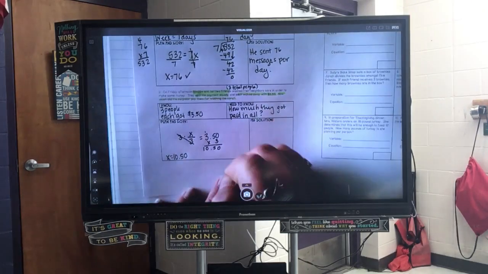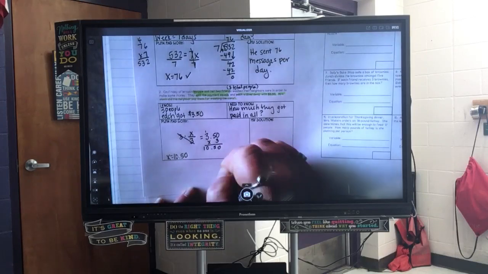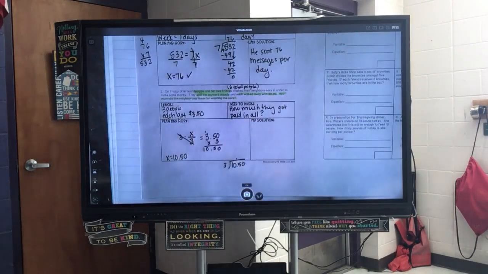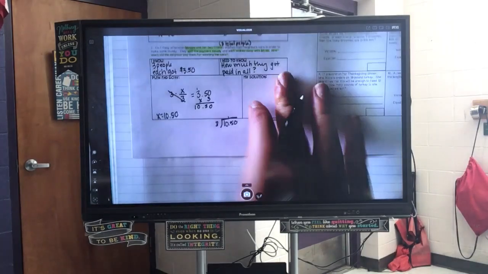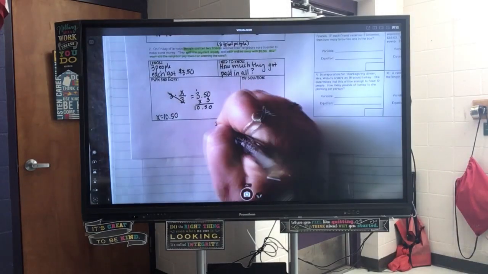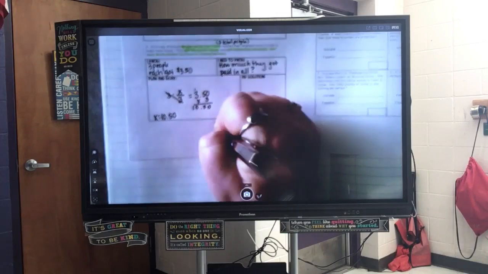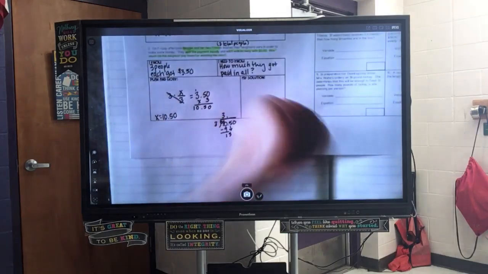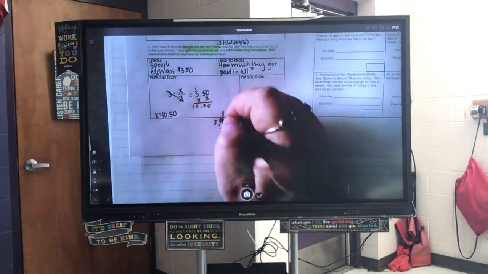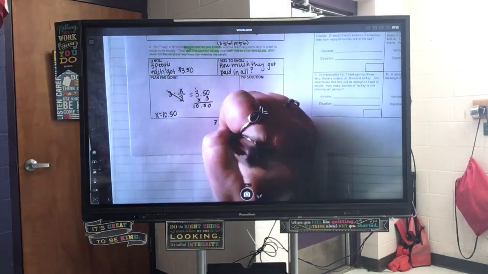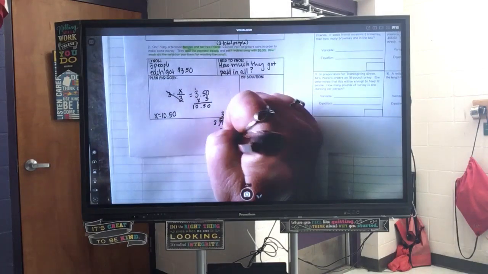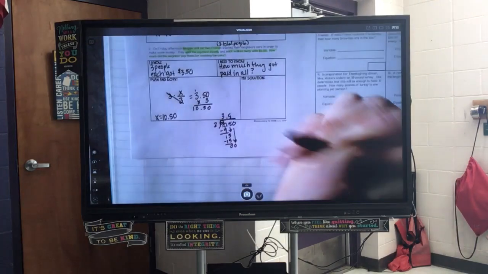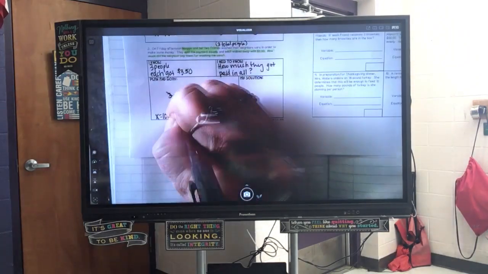So I'm going to do $10.50 divided by 3. How many times does 3 go into 10? 3 times. How many times does 3 go into 15? And how many times does 3 go into 0? All right, so that I know that this is correct.